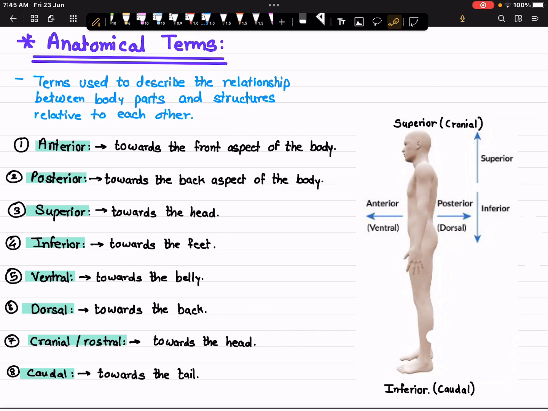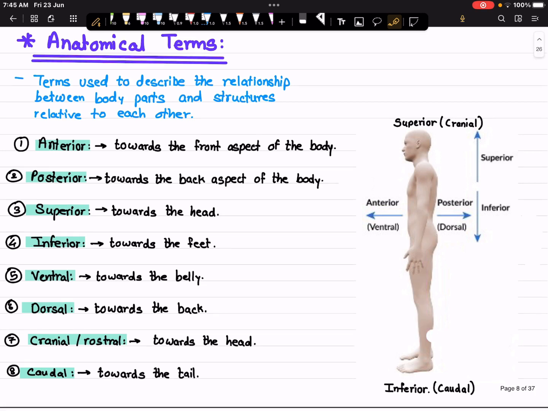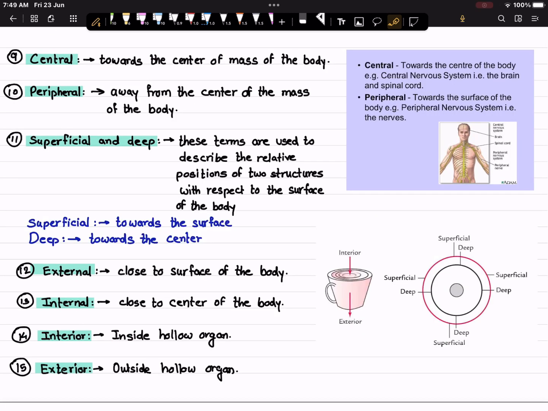But since in humans the tail and the feet are in one axis, the direction of both the terminologies comes in the same plane. So inferior and caudal can be used interchangeably in some cases in human beings. Here is the tailbone, and anything going towards the tail is called caudal, and anything going towards the feet is called inferior. Hope this is pretty much clear.